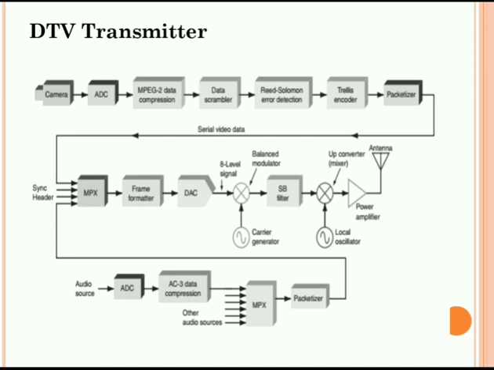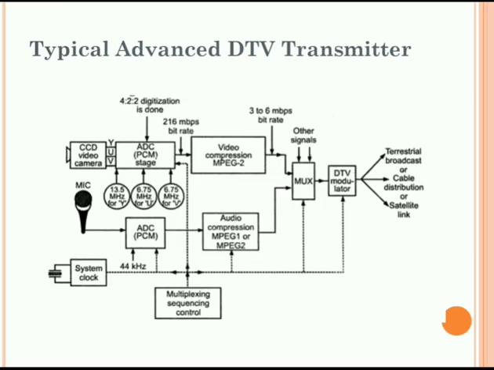After that we are using the frame formatter. After that, DAC, filter, and so on. All these blocks we will see in detail, what is actually the digital TV transmission diagram, that we will see now.